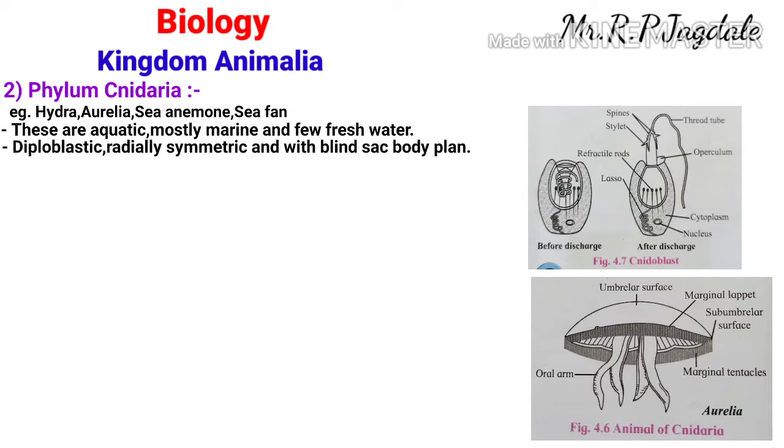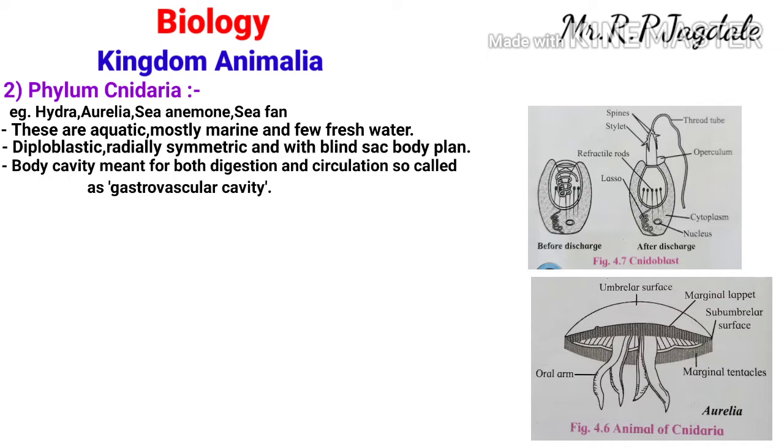Then in the Cnidarian animals, a gastrovascular cavity is present. That means the body cavity is meant for circulation as well as digestion. In a single cavity both circulation and digestion take place.